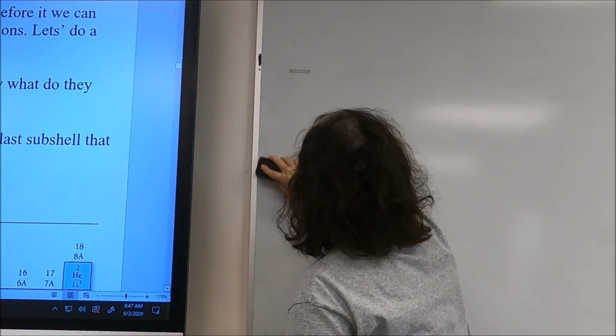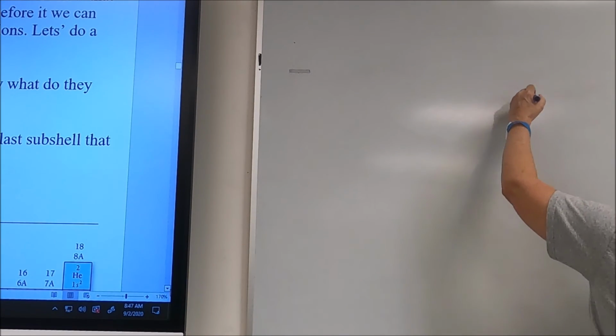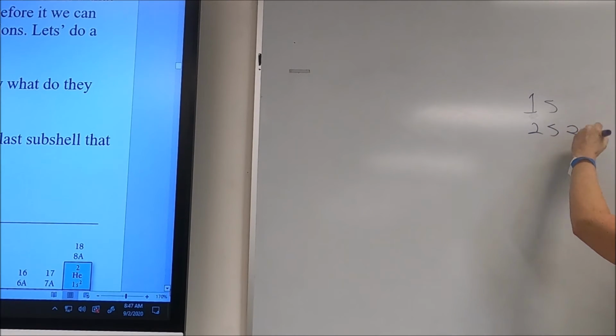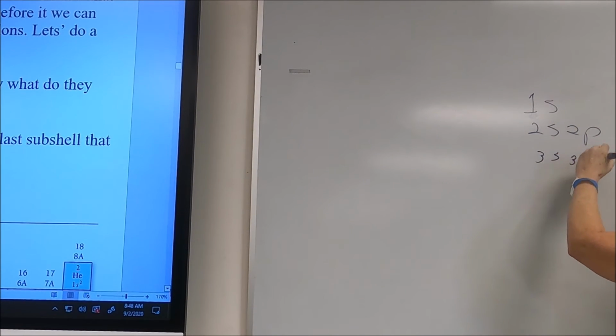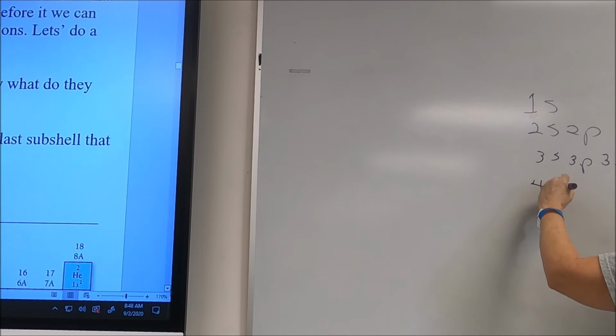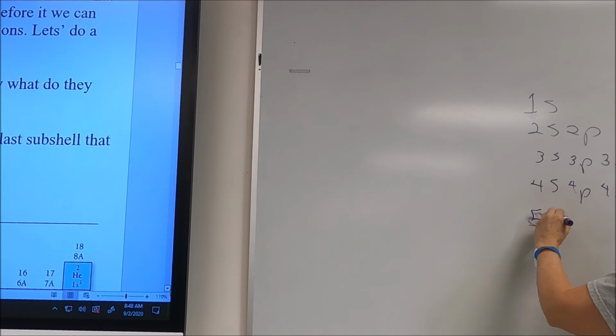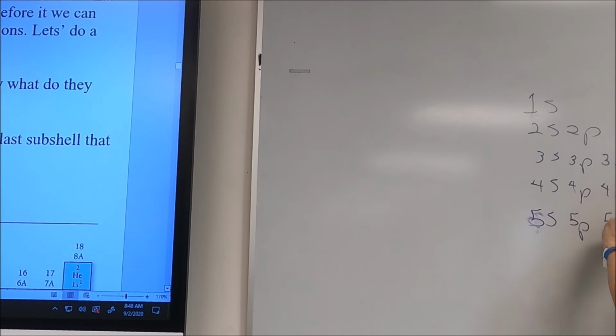Somewhere on a sheet of paper, as you're watching these notes, you ought to have this written down, the diagonals. 1s, 2s, 2p, 3s, 3p, 3d, 4s, 4p, 4d, 4f, 5s, 5p, 5d, 5f, 6s, 6p, 7s, 7p. I'll put 6d in here.